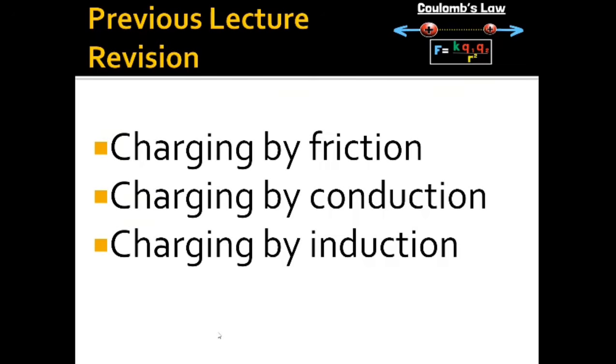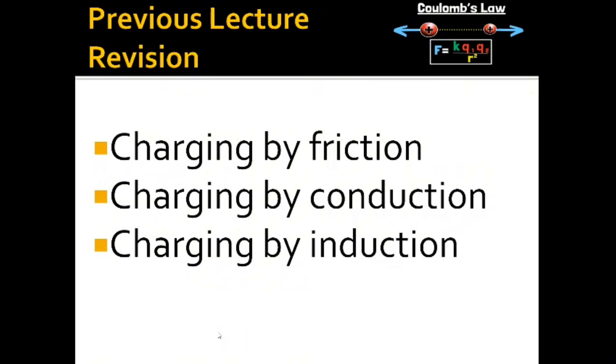For example, if I use an iron rod to charge a sphere, at the end of it all, by the process of conduction, both the iron rod and the sphere maintain the same charge. If the rod I'm using is negatively charged, that means whatever I am charging with the rod will still maintain the negative charge.